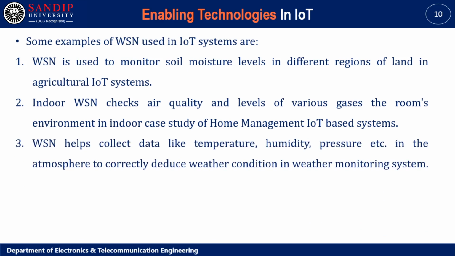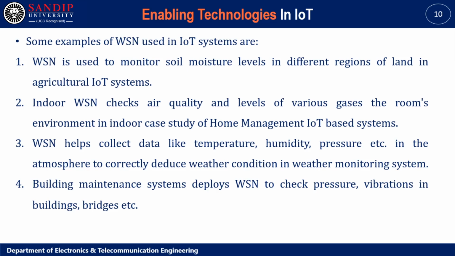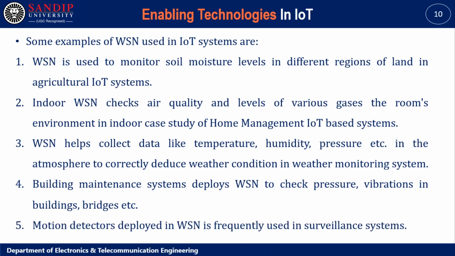WSN helps collect data like temperature, humidity, pressure, etc. in the atmosphere to correctly deduce weather condition in a weather monitoring system. Building maintenance systems deploy WSN to check the pressure and vibrations in buildings, bridges, etc. Motion detectors deployed in WSN are frequently used in surveillance systems.